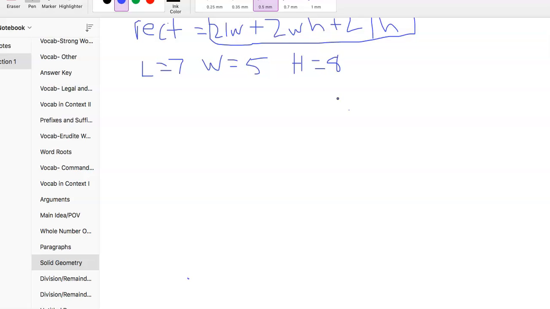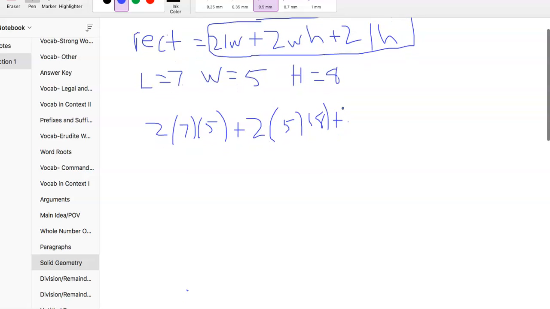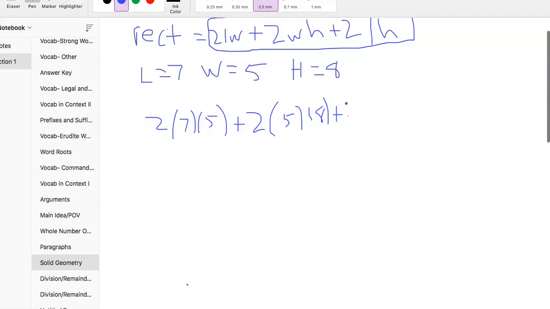Okay, we already got our formula, so it's 2 length width first, right? 2 times 7 times 5 plus 2 times width times height. 2 times 5 times 8 plus 2 times length times height. 2 times 7 times 8.